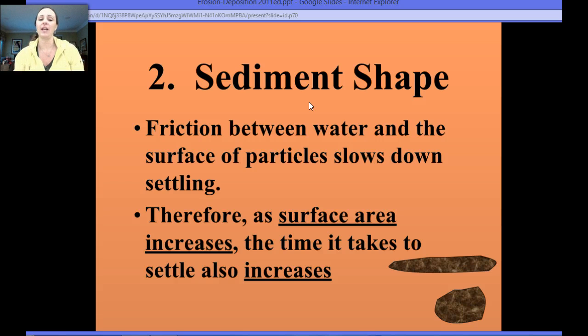We also have the shape that will affect the settling rate. The shape of the sediment will create more friction with the water as it falls down to the bottom. So flatter or longer pieces with a larger surface area will actually take more time to settle. So the rate will slow down.